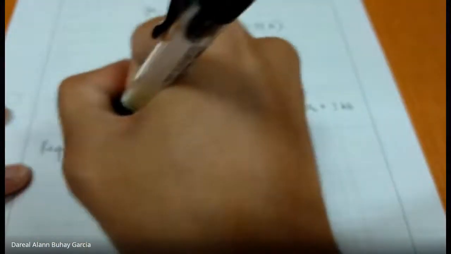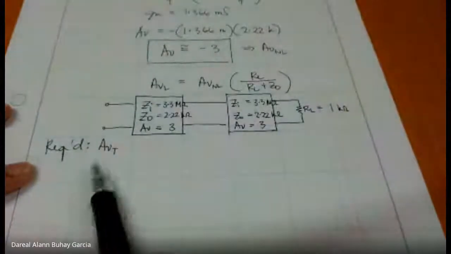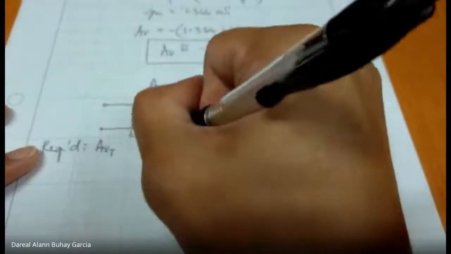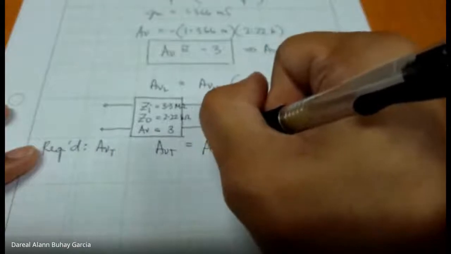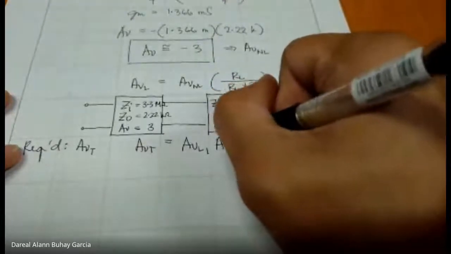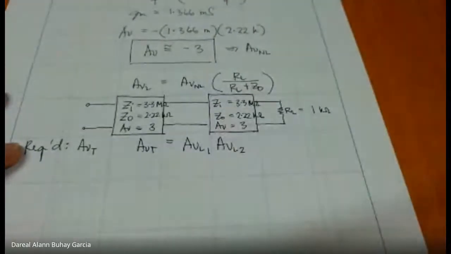So let's solve for the total loaded voltage gain. The total loaded voltage gain is equal to the loaded voltage gain of the first amplifier multiplied by the loaded voltage gain of the second amplifier.